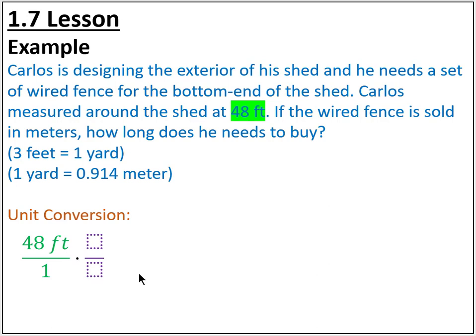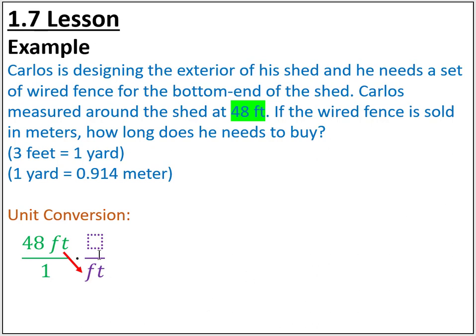In this case, feet is in the numerator of the first fraction, and we're going to put it in the denominator of the second fraction. So we use the feet from the first fraction's numerator and input it into the denominator of the second fraction.